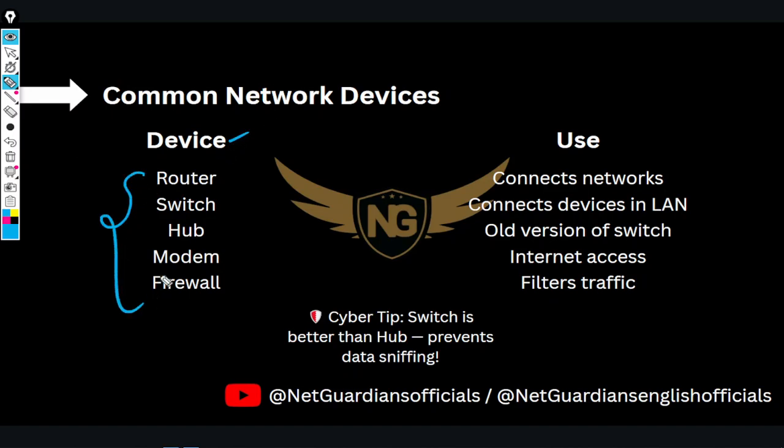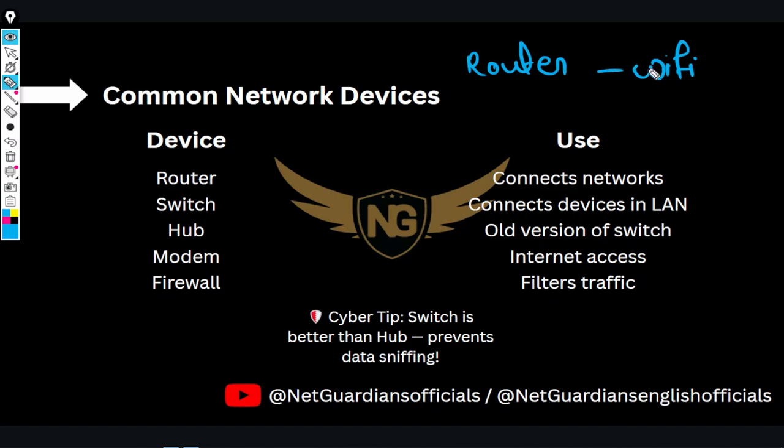I listed around 5 devices here and their uses in networking. The first device is the router. A router connects two or more networks. Now there is a confusion for students, so I will clear it first. There are two things: routers, and Wi-Fi.